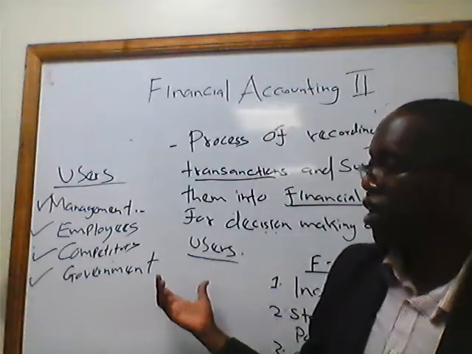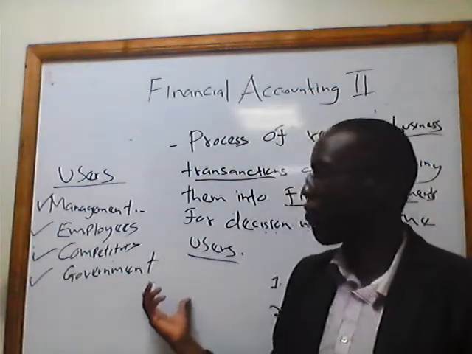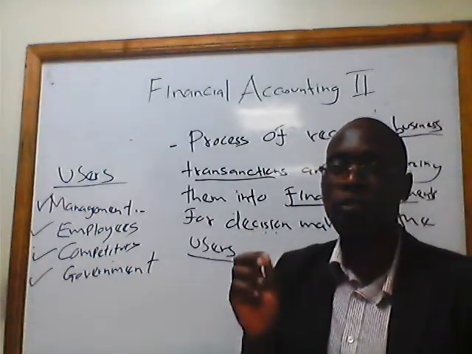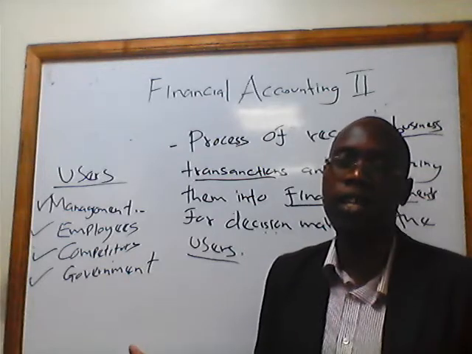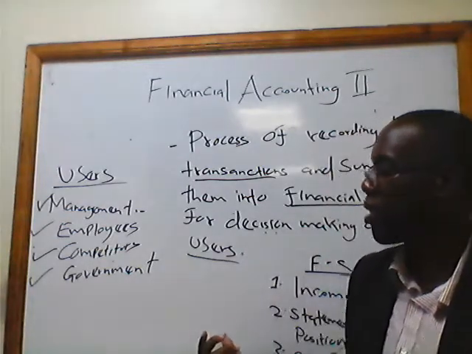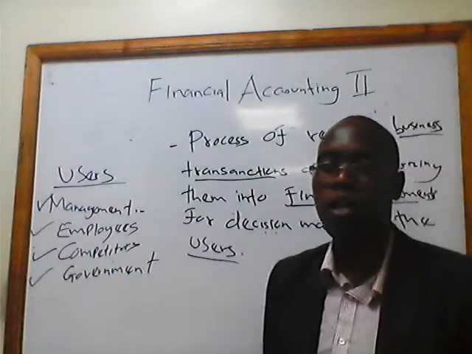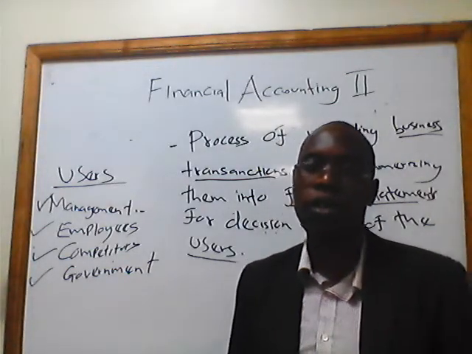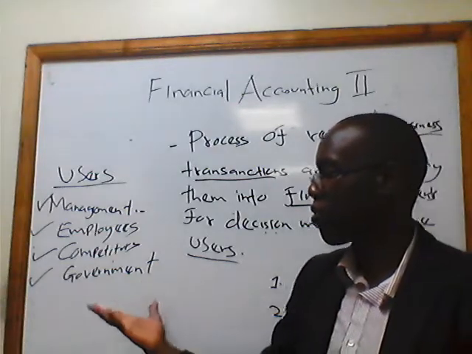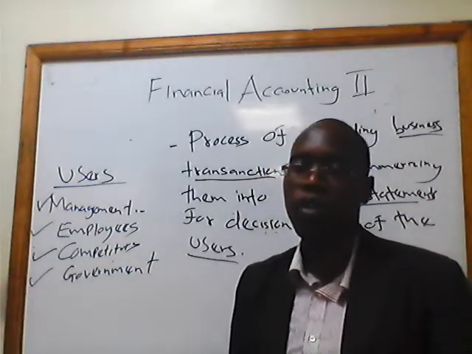So the government is interested in financial accounting information for regulation purposes, so that they can know the businesses they have registered are legal businesses. They are not businesses that are not allowed under the laws of Kenya. So that is the second use by the government: tax, and also the legality of the business.